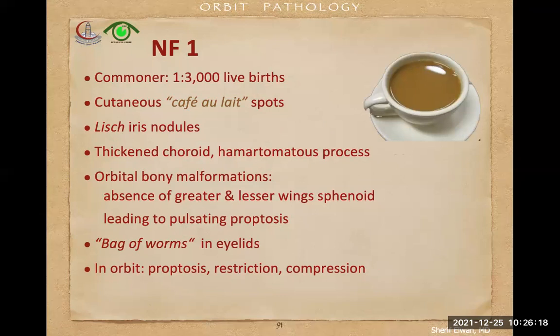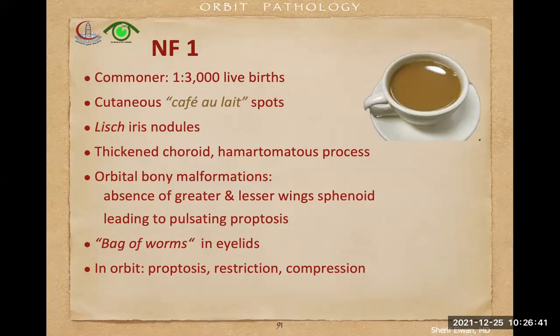As long as it's a proliferation of Schwann cells, it is an abnormality of tissues that are usually present in the location. So it's a hamartoma. A neurofibroma is a hamartoma by definition.